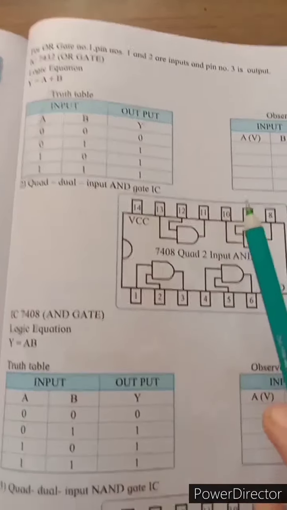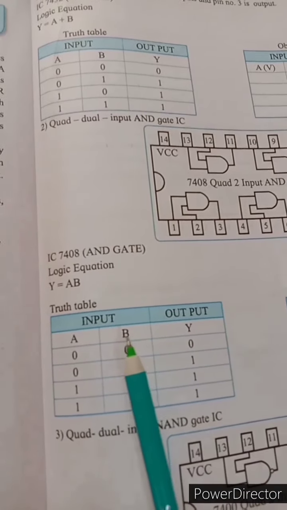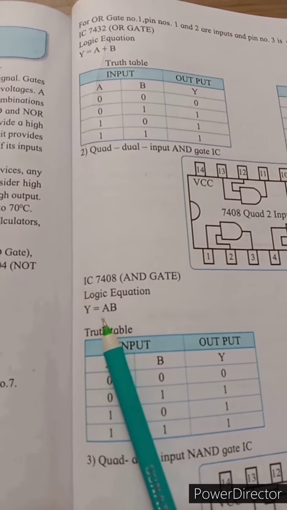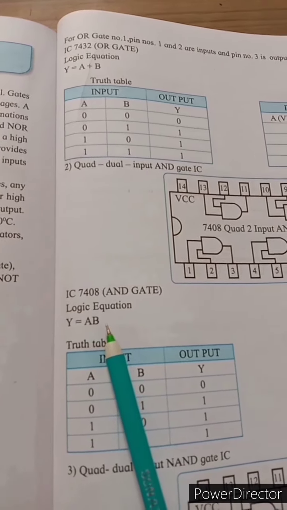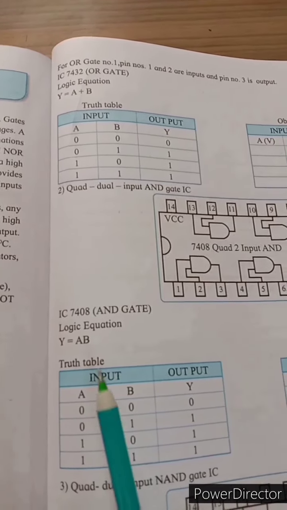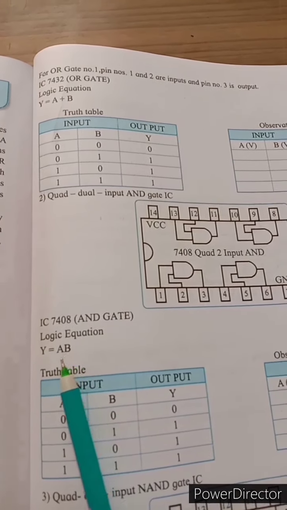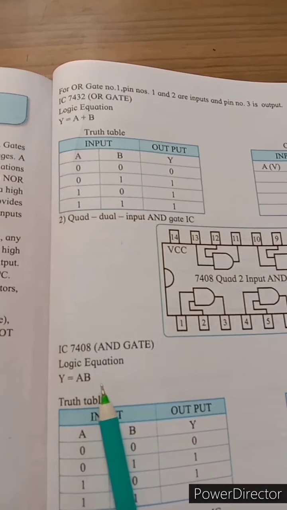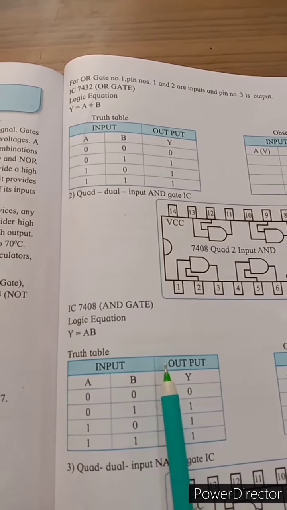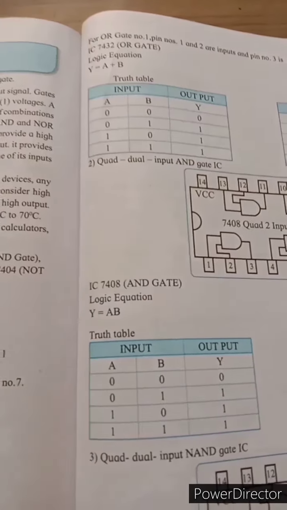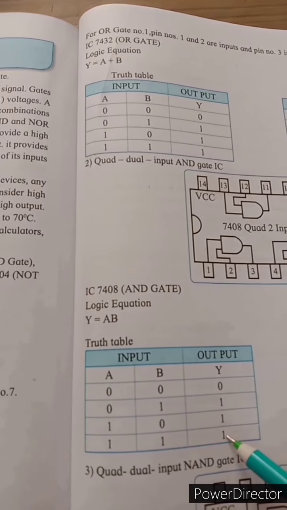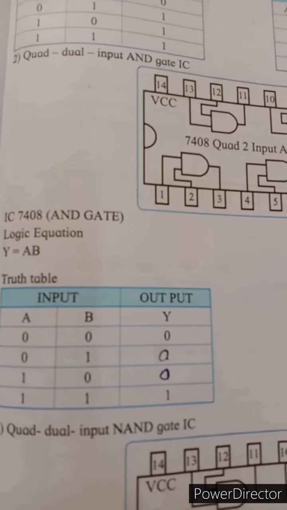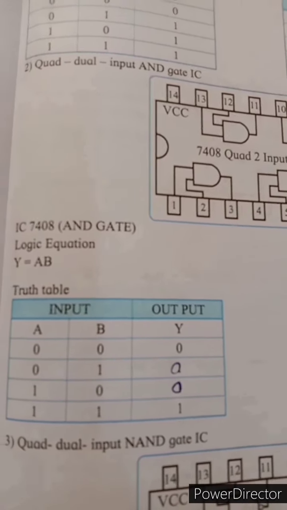Now the Boolean equation of the AND gate is output equal to A dot B. That means whenever these 2 inputs are high, we'll get the output as 1. So there are some corrections in the handbook.